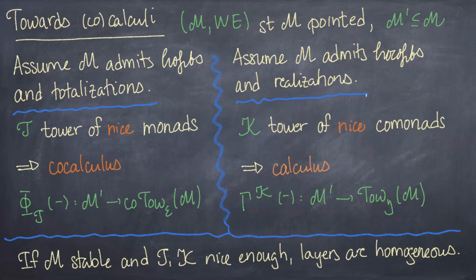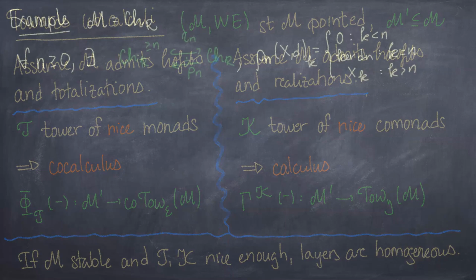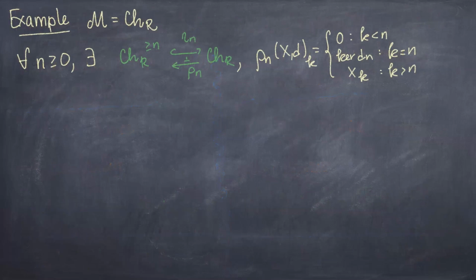So let's look at an example, something more concrete. Again, back in the world of chain complexes over a commutative ring R, think about an adjunction between chain complexes and chain complexes that are bounded below, so that are 0 below degree n. There's an adjunction where the left adjoint is just the inclusion of the subcategory, and the right adjoint is some appropriate truncation functor.